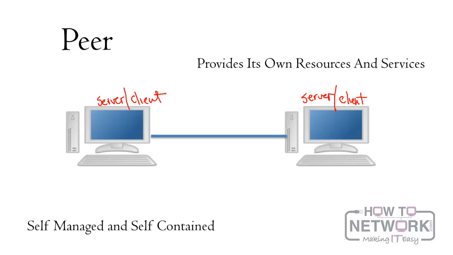This peer computer serves information to this peer computer as a client. This computer can serve information to this one as a client. So this is what we call peer-to-peer networking. It manages its own set of local policies. It has its own set of users. It is completely self-contained and does not need a server to operate, unlike a client, which does.